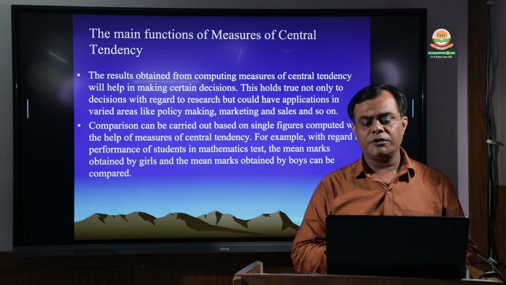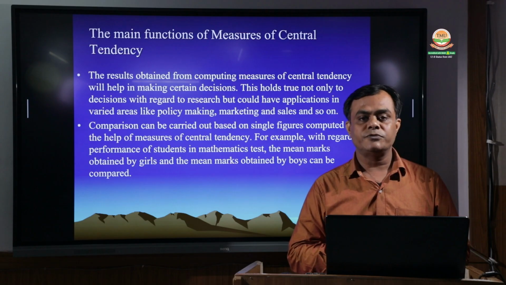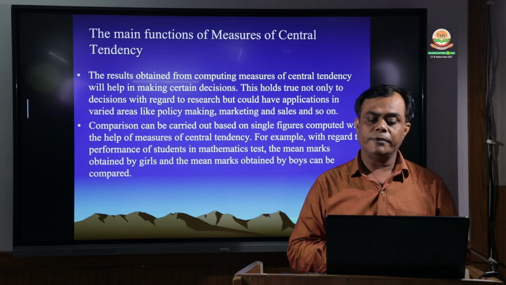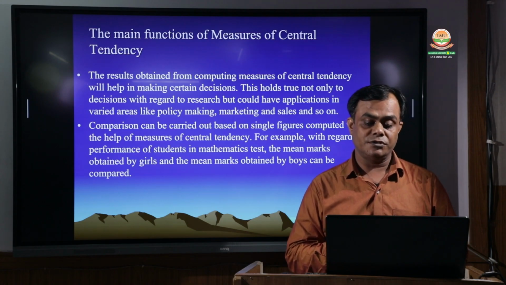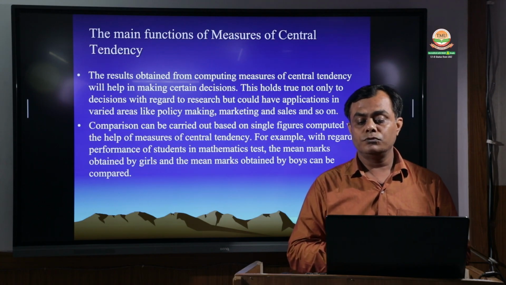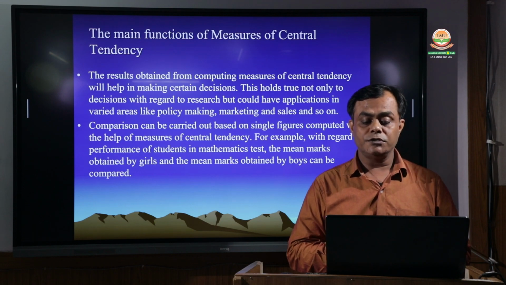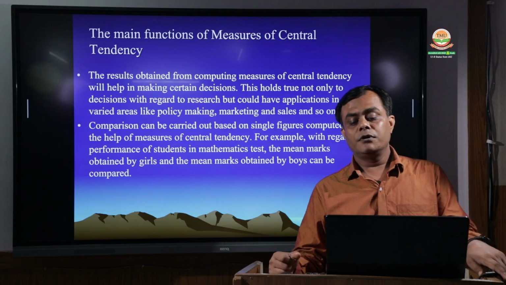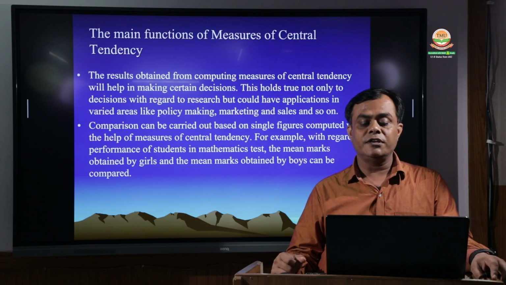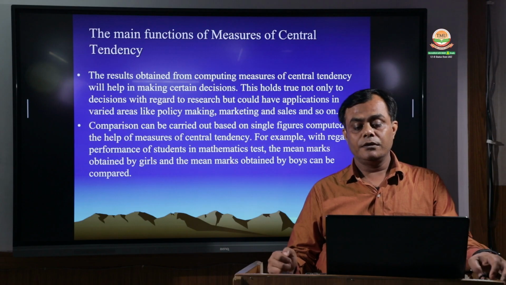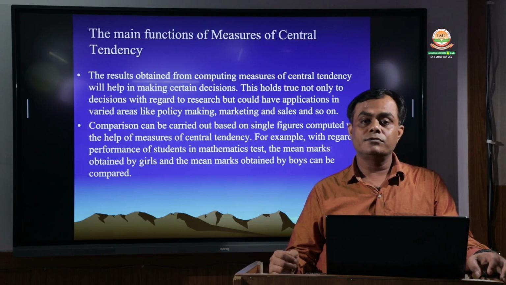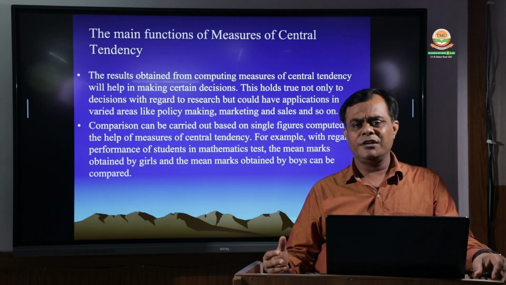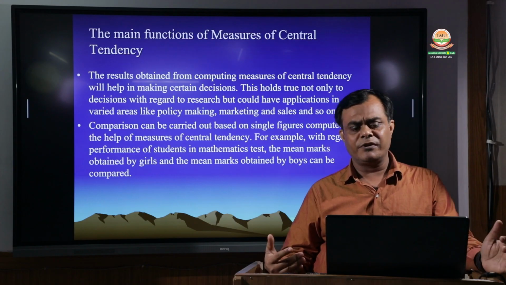the result obtained from computing the measurement of central tendency will help you make a decision. This holds true not only for decisions with regard to research, but could help in various areas like policy making, marketing, sales, or decision making anywhere, in any walk of life.